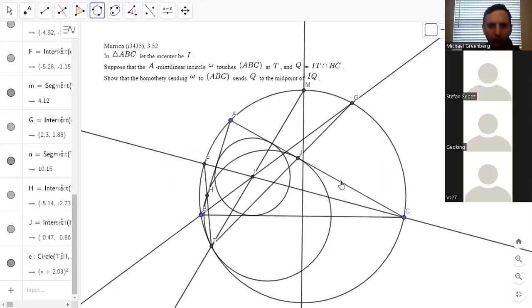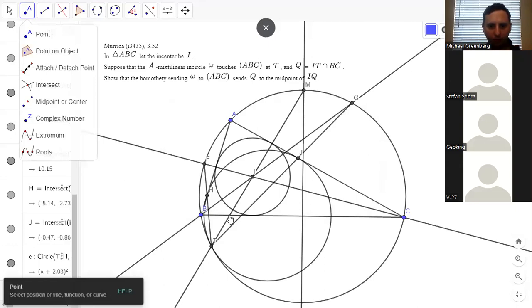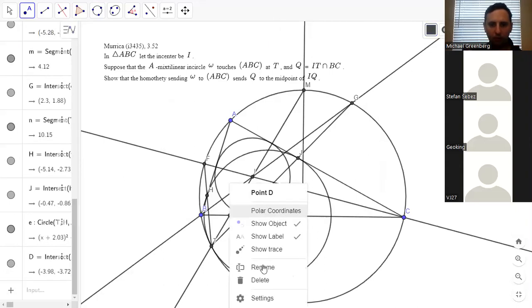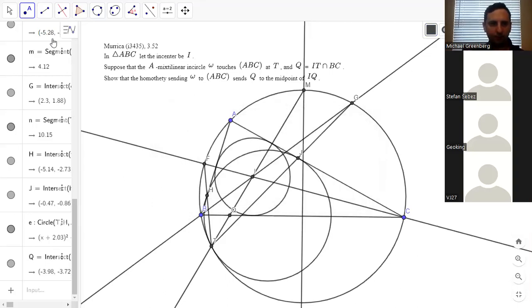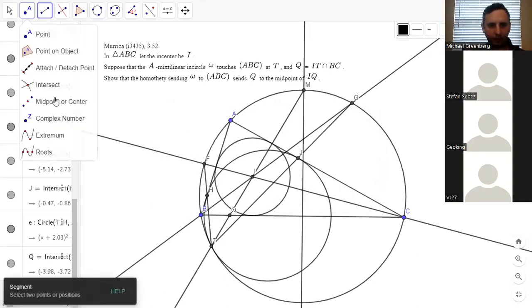And so we want to show the homothety sending this to ABC. So Q is that point. We want to show it sends Q to the midpoint of IQ. So let's draw the midpoint of IQ.